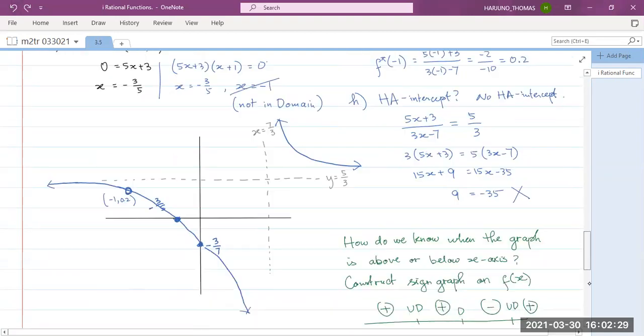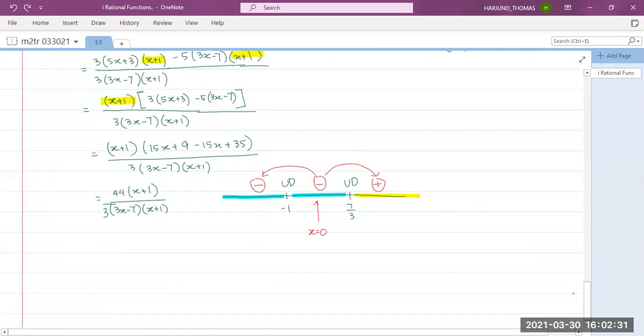Now let's go on with one more question without oblique asymptote, and then we do problems with oblique asymptote. Would you like to choose any question between number 20 to number 36?